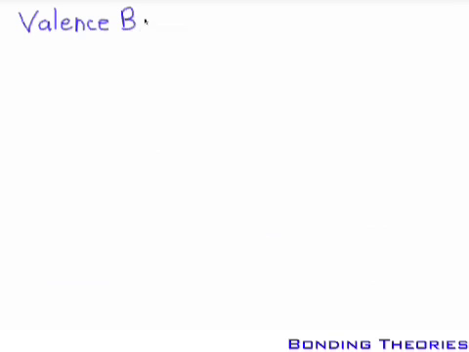You've already seen a bit of it in the drawing of Lewis structures. We use valence electrons to determine how we draw bonds, and the use of valence electrons is derived from valence bond theory. And we're going to have more to say about valence bond theory later.